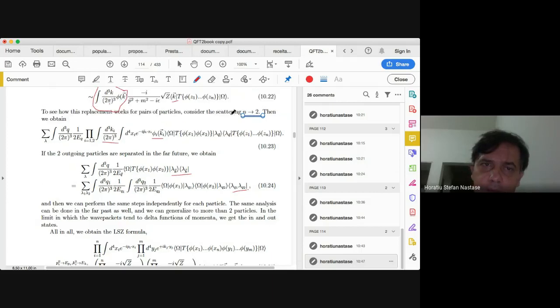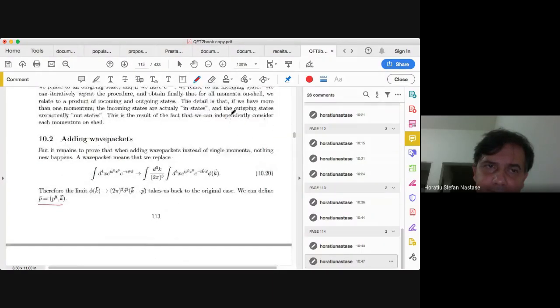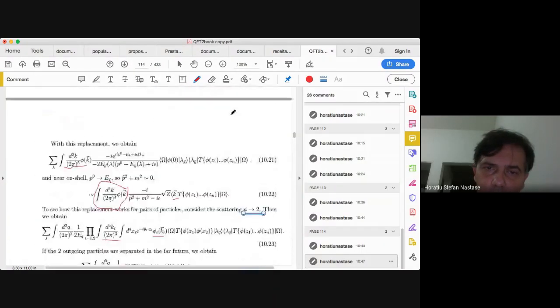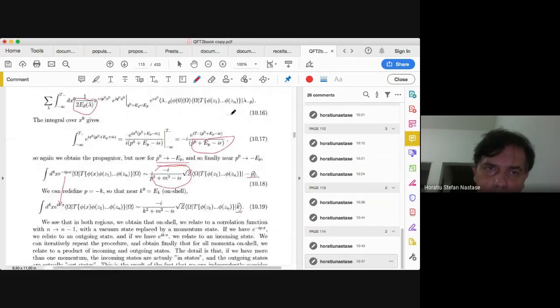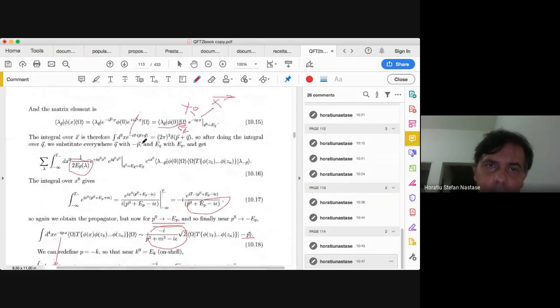So when you do the integral over x, we get a delta function of p plus q, where q was the one in lambda q, and p was the external momentum.